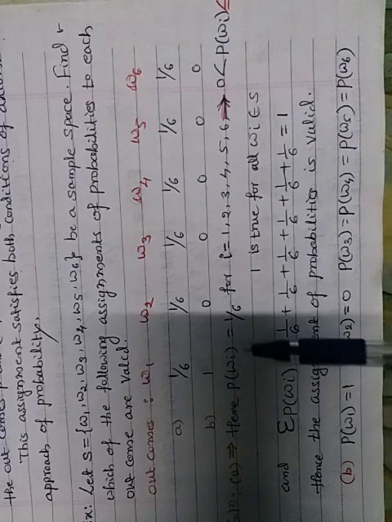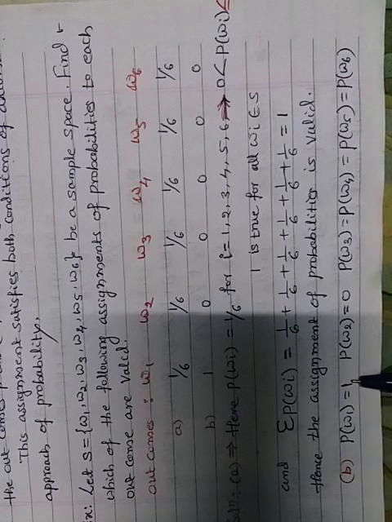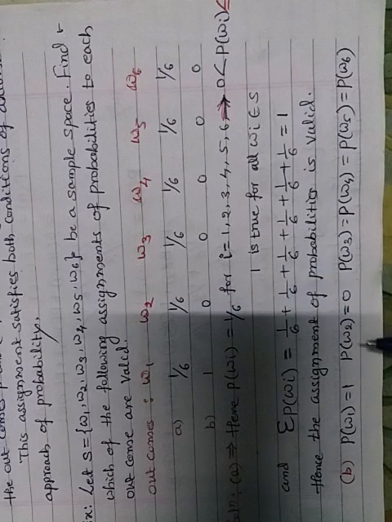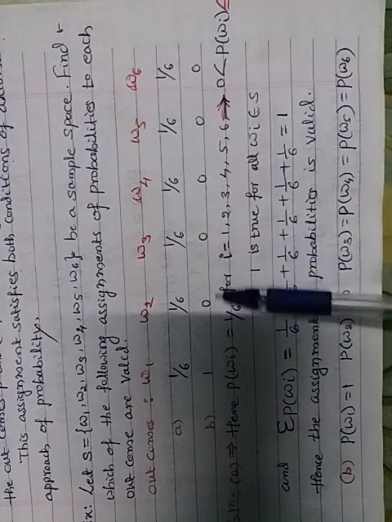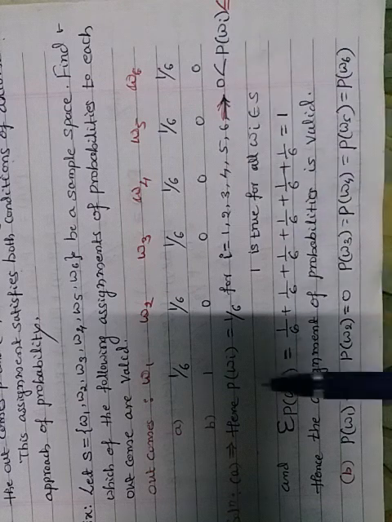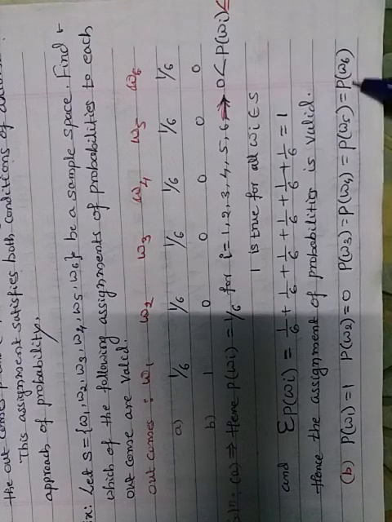Secondly, B: the probability of omega 1 is equal to 1, and the probability of omega 2 is equal to 0. Here all except the first one are equal to 0. Am I right here?